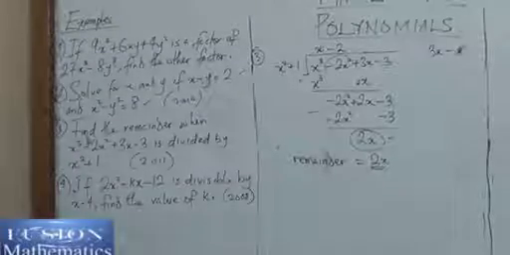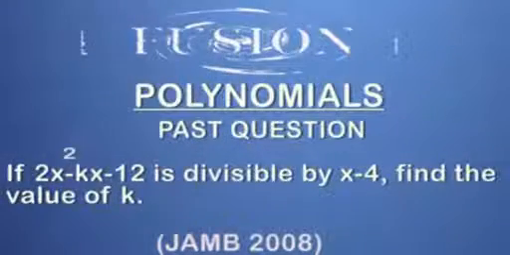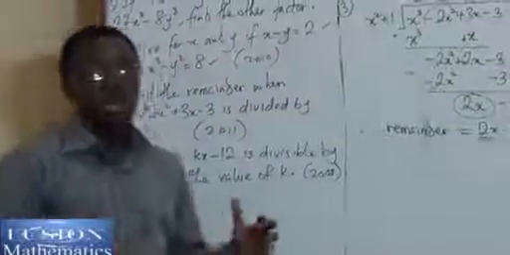The question says, if 2x squared minus kx minus 12 is divisible by x minus 4, find the value of k. Now, for us to say something is divisible, that means it will divide without remainder.